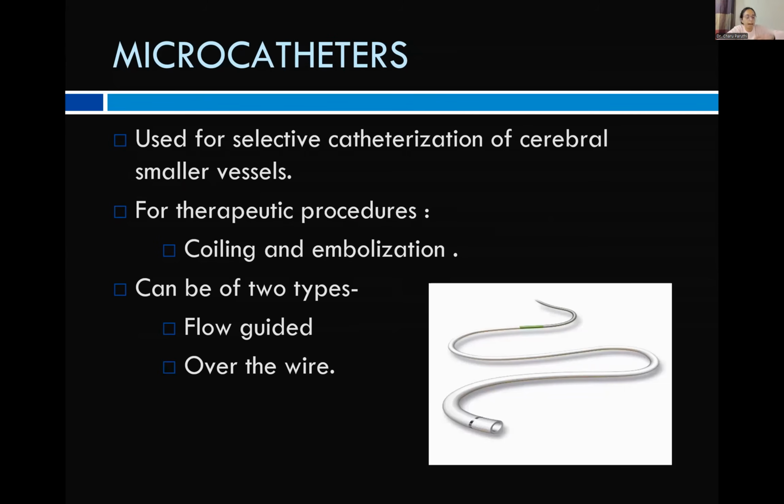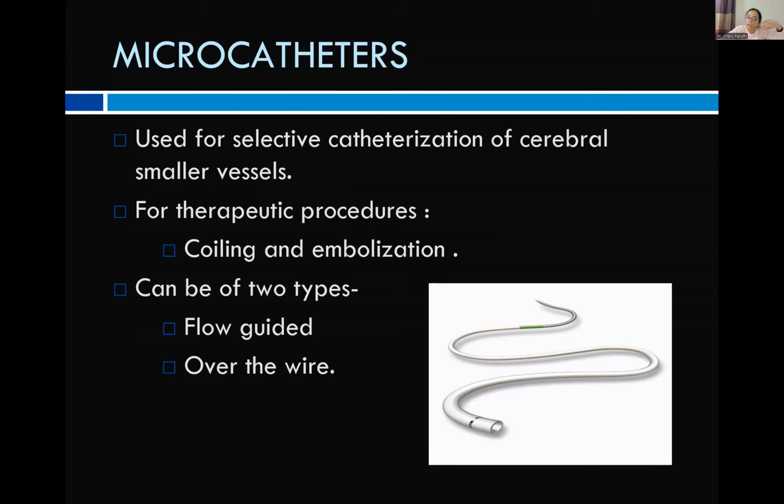So after guiding catheters, we have micro catheters. Micro catheter is any catheter which is less than 1 millimeter or less than 3 French. So all catheters smaller than an outer diameter of 3 French are micro catheters. So these micro catheters are used when we have to cannulate very small and distal branches.